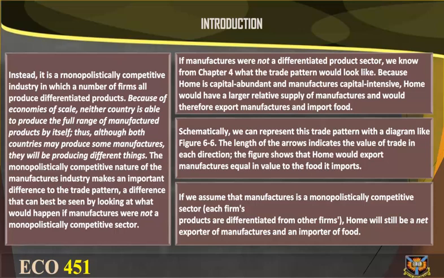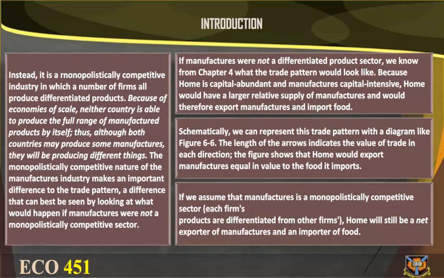Thus, although both countries may produce some manufactures, they will be producing different things. The monopolistically competitive nature of the manufactures industry makes an important difference to the trade pattern, a difference that can best be seen by looking at what would happen if manufactures were not a monopolistically competitive sector.